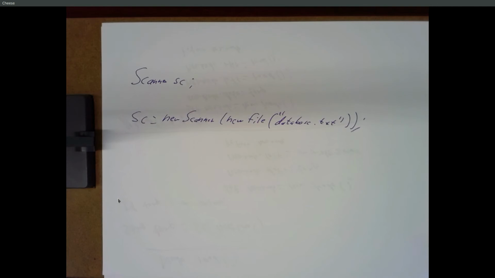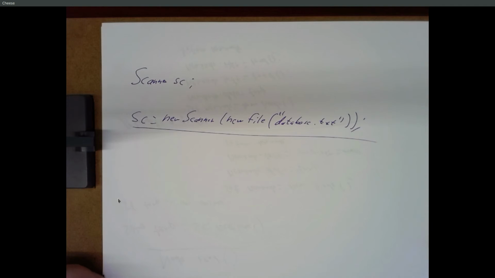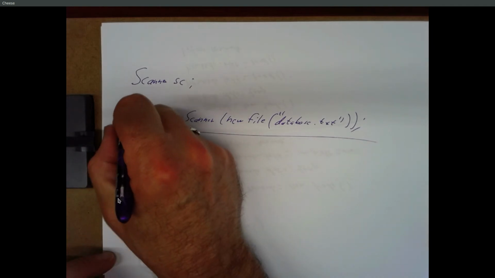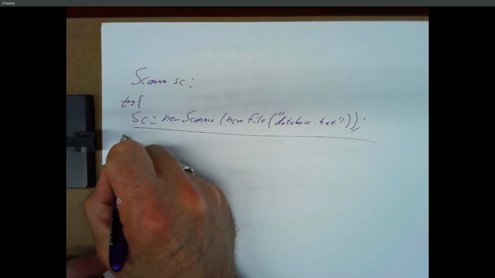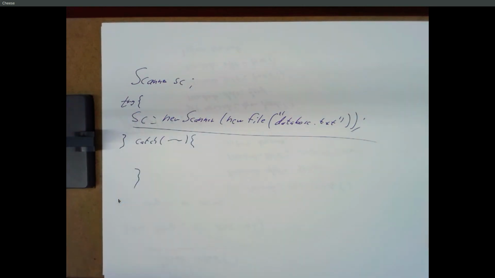You can do sc.hasNextLine, sc.nextLine to pull in line by line. The only trick is this can potentially throw an exception if that file doesn't exist or you don't have access to it. So this all has to go inside a try-catch block. And if you come out of that try block successfully, then you can go ahead and use sc.nextLine, sc.hasNextLine, and so on and so forth.